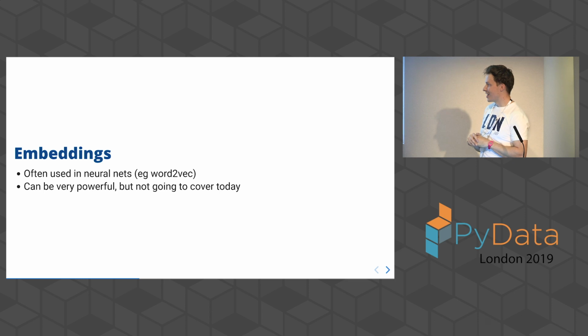The one thing I will say is that there are lots of pre-trained vectors available. There's a set called GloVe, which is very well known and totally public.